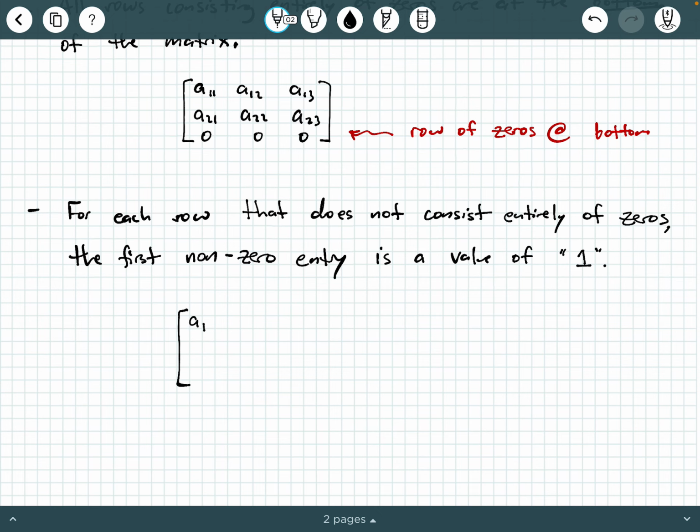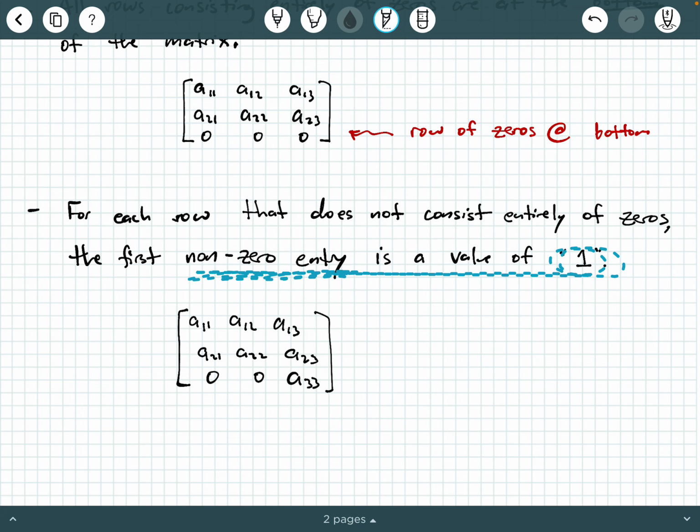Let's say you have A11, A12, A13, A21, A22, A23, 0, 0, A33. Well, in this matrix right here, for each row that does not consist entirely of zeros, the first entry is a value of 1. What does that mean?